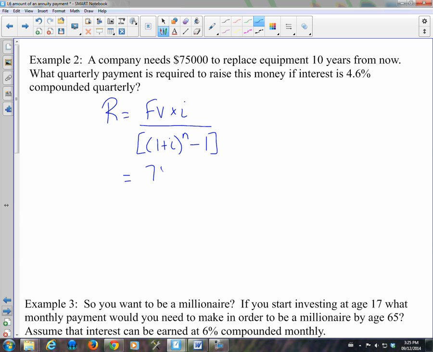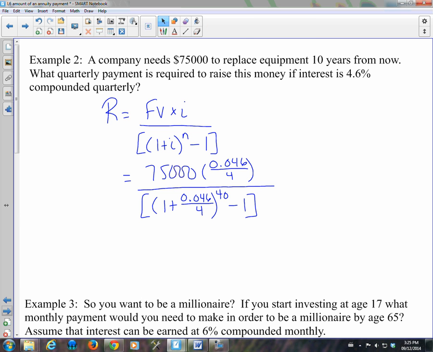So our future value is 75,000 times the interest rate, 4.6% quarterly, so 0.046 divided by 4 over 1 plus 0.046 divided by 4 quarterly for 10 years, so 10 times 4 would be an exponent of 40. So we're going to put brackets around our numerator, divide, make sure we put our brackets, and then hit equals. And that should be our answer. It'll take me a minute to enter in my calculator.